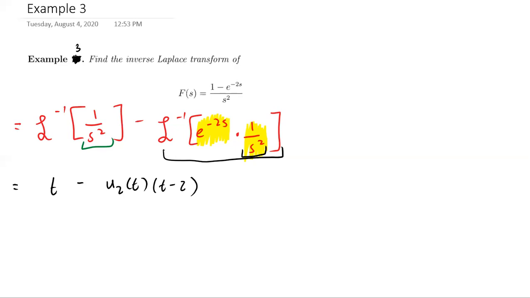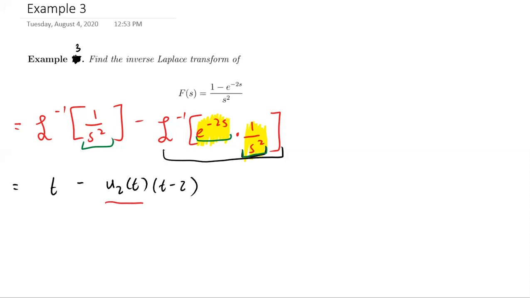So working backwards, all you have to do is identify that whatever you're looking at is a product of a shift of a step function and an unshifted function. And then in order to see what the Laplace inverse of that is, we know that the Laplace inverse, used by theorem 1, is going to be, let me underline, the step function that we found corresponding to the shift in the exponential.